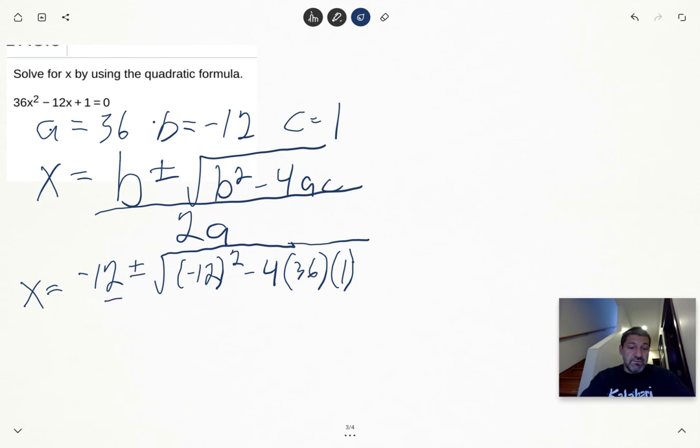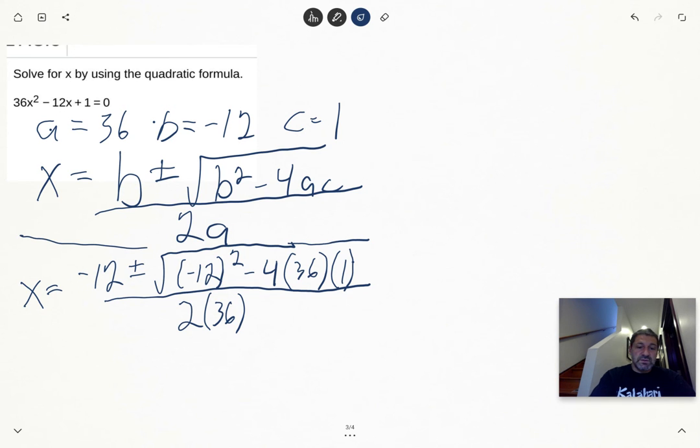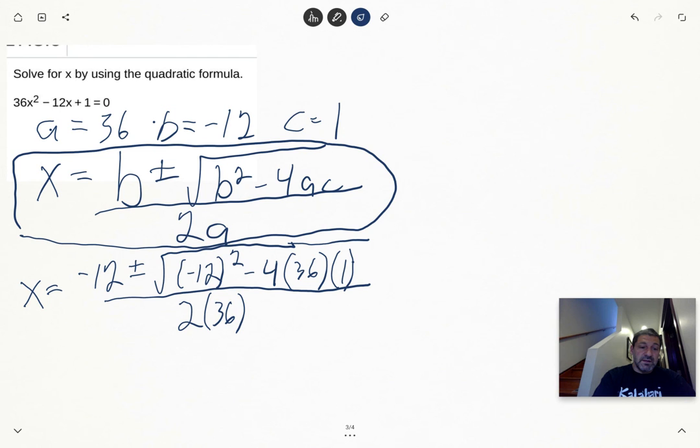Okay, so I've done nothing but plug in my a, b, and c into the quadratic formula, and then the bottom would be 2 times a, and a again is 36. Okay, so here was the quadratic formula, and I just plugged in my a, b, and c here to get that.